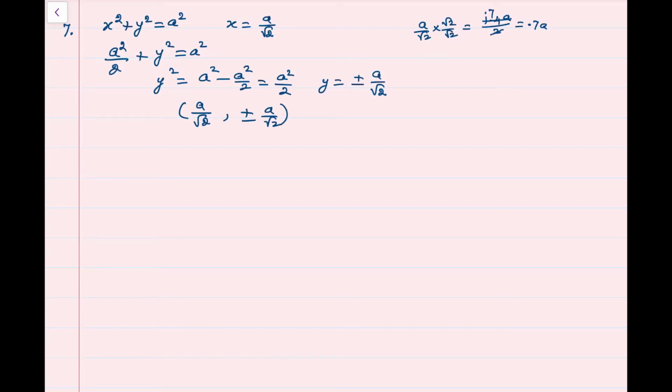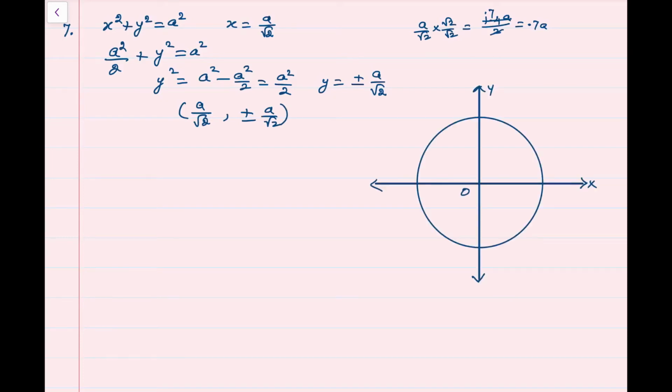Let us sketch the graph. This is the circle whose center is at the origin and the radius is a units. And x is equal to a by root 2, approximately 0.7a. This is the line x is equal to a divided by root 2, which is parallel to y axis, and this value is a divided by root 2.